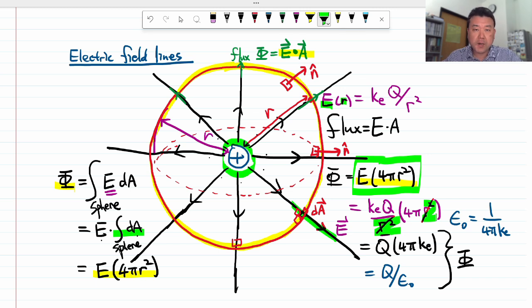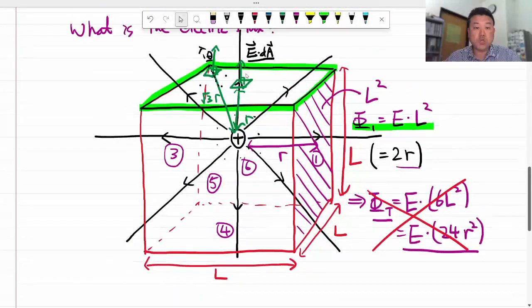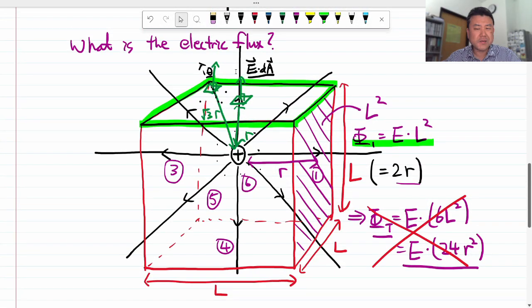Now, let's formalize this intuition. We used examples of spherical and cubic surfaces. But if our intuition about conservation of electric field lines is right, the result shouldn't depend on any particular shape of the surface.